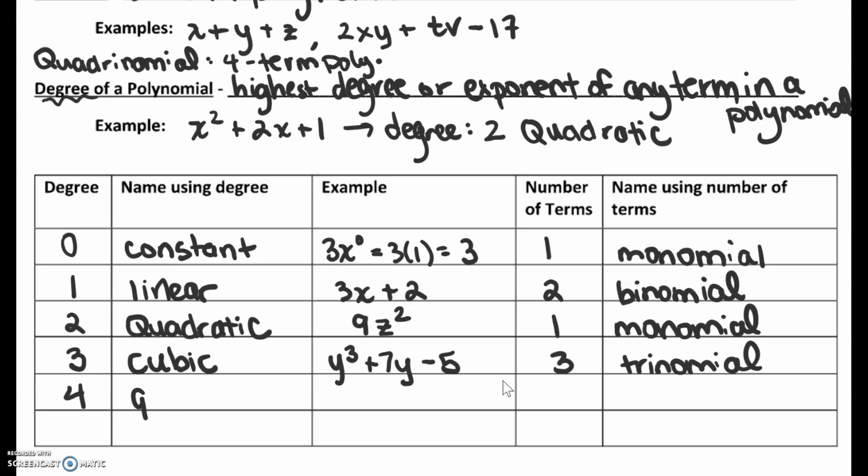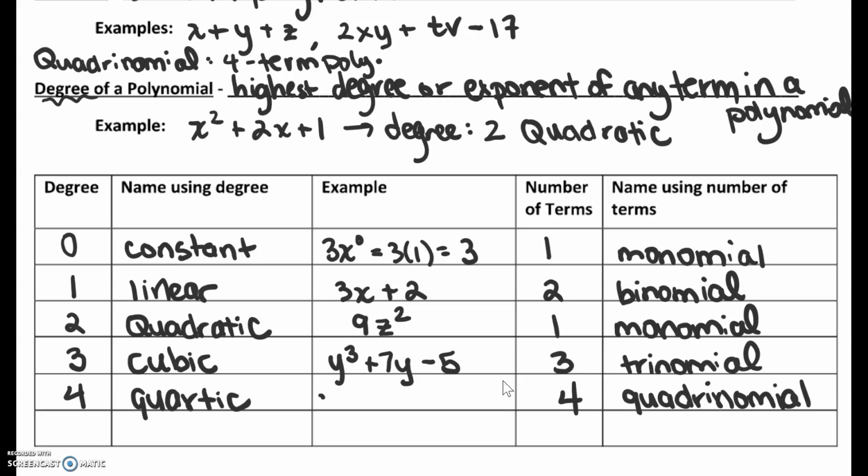Degree 4 is called quartic. And let's do a quadrinomial. So this one's going to have 4 terms, and the highest is going to be a degree of 4.